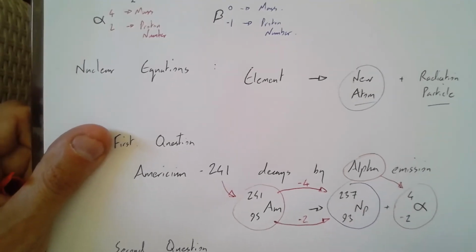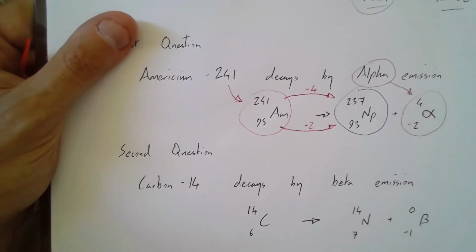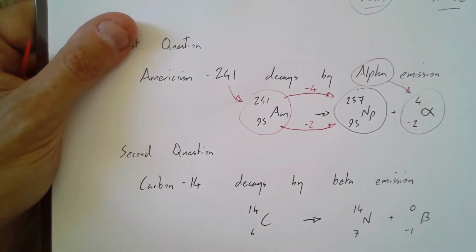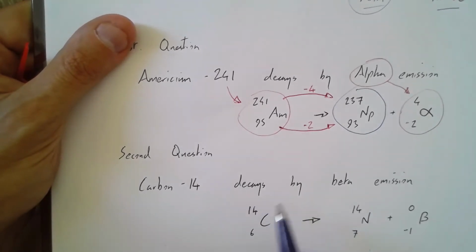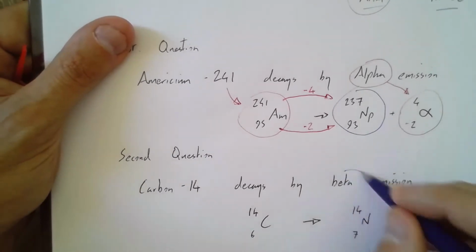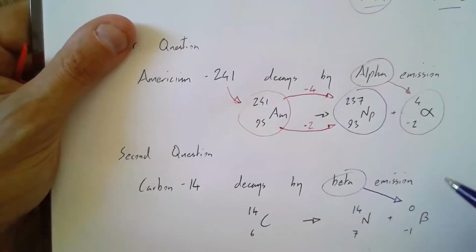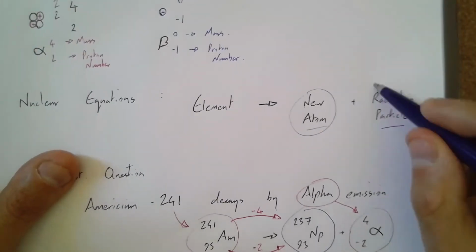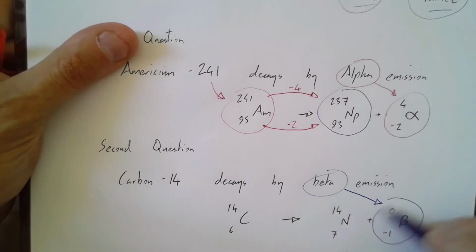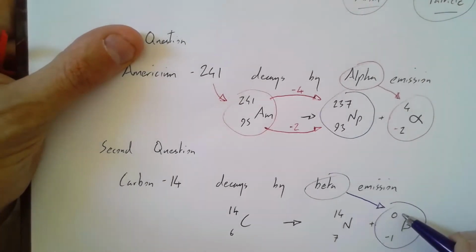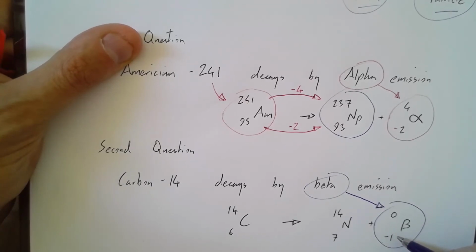Now that's alpha, great, but what about beta emissions? So beta emissions, I've written the question out again, and it says carbon-14 decays by beta emission. So beta, again, in the same way, we need a radiation particle, and that is what we have here. The beta symbol, no mass, so no mass number, but a charge of -1.